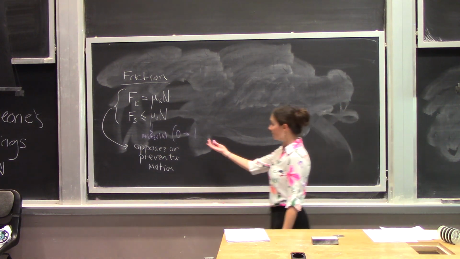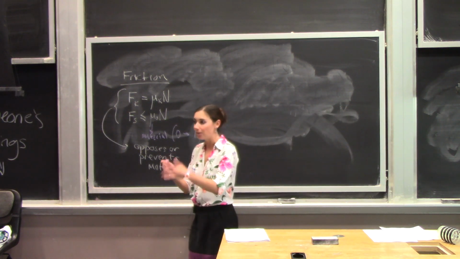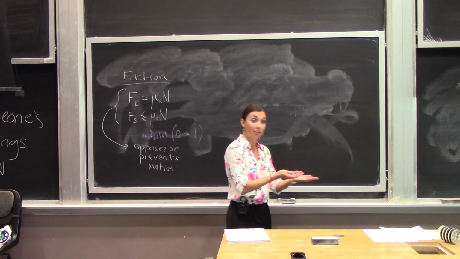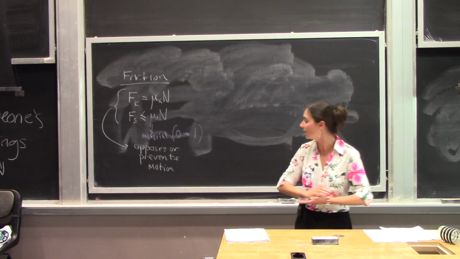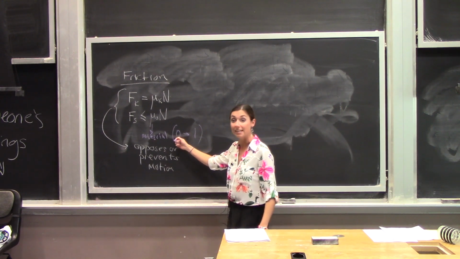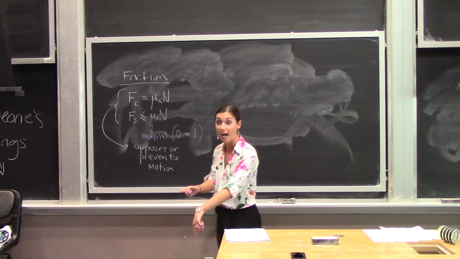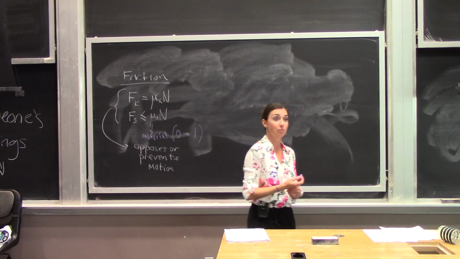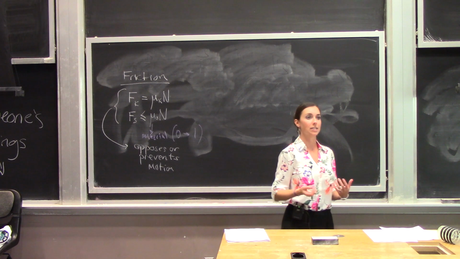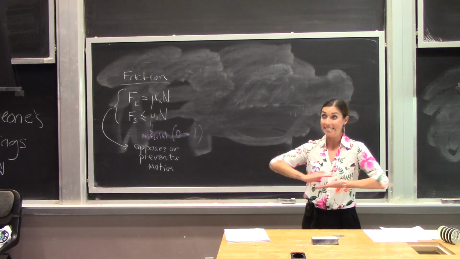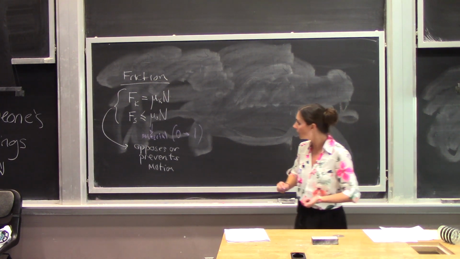If it's something like 0.9 or 0.8, maybe you've got concrete or a carpet, something really rough that doesn't allow things to slide easily. If it's closer to 0, maybe it's an icy surface or something like tile that doesn't have as much friction. So it's a relative roughness of the material based on the two surfaces that are sliding across one another.